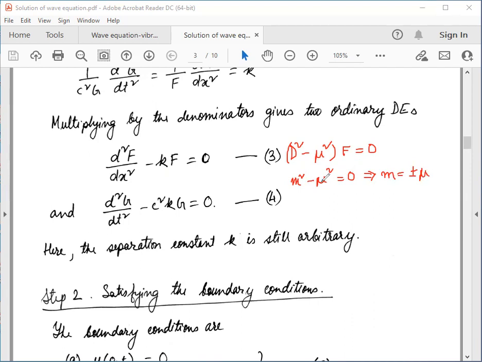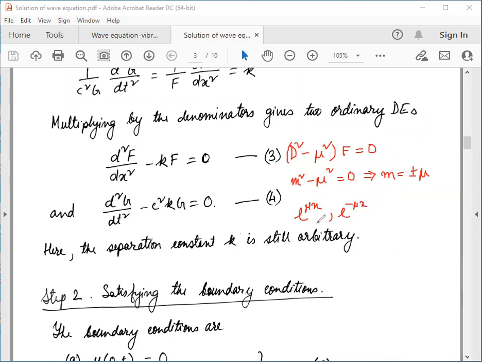So there are two possible solutions, m is equal to plus mu or m is equal to minus mu. And what are the two independent solutions? The two independent solutions are e to the power mu x and e to the power minus mu x.